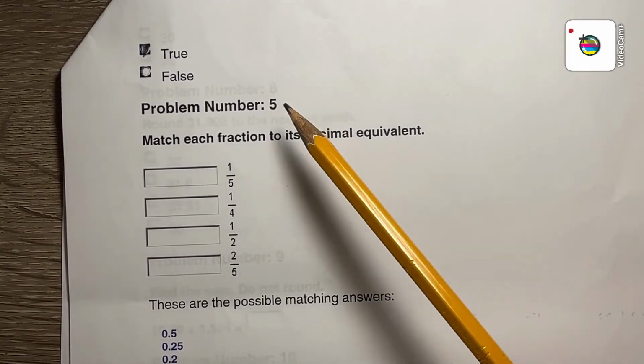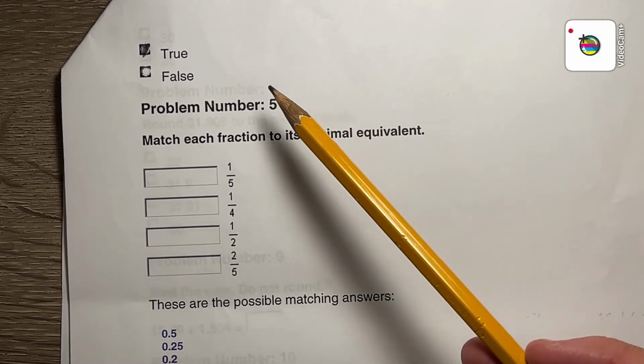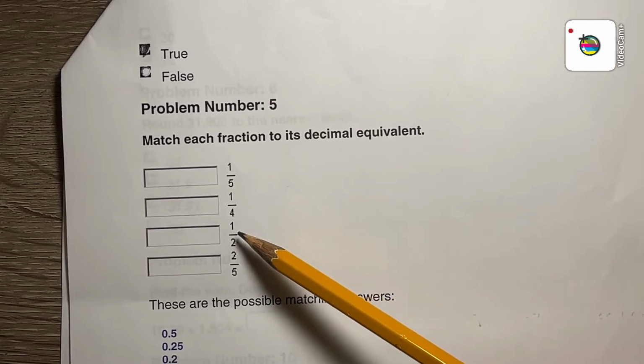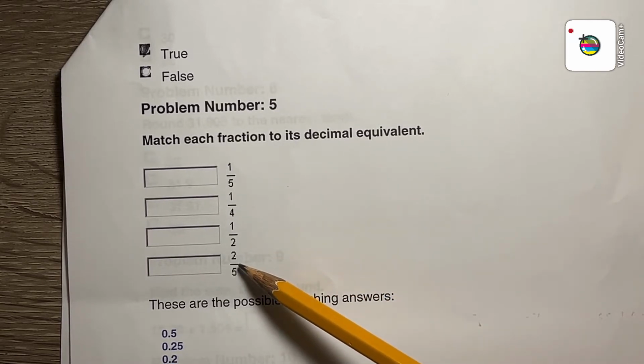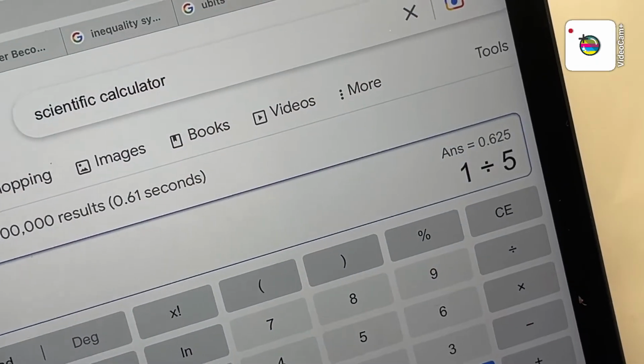Problem number 5, match each fraction to its decimal equivalent. So just like we did in problem 4, we're going to take each fraction and convert it to a decimal by dividing the numerator by the denominator.